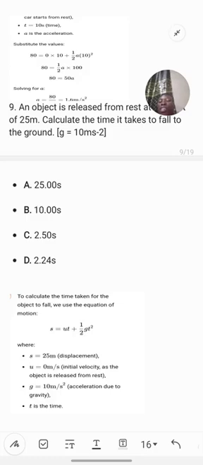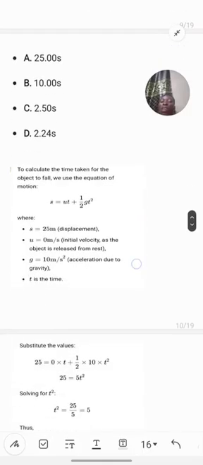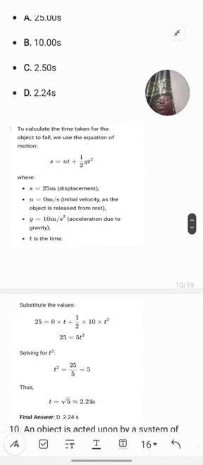So we have the displacement to be 25 meters, then the initial velocity to be 0 since it is from rest. Then we have g, and t is the time that we are looking for. So that would be 25 equals 0 plus half times 10 times t squared.